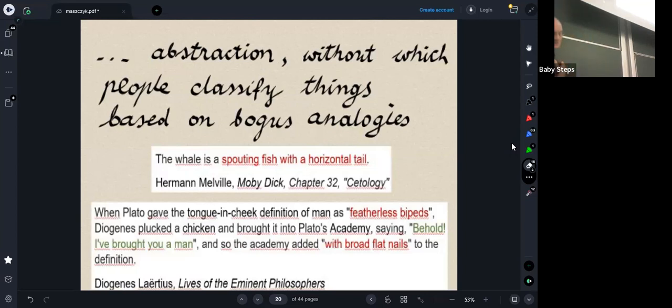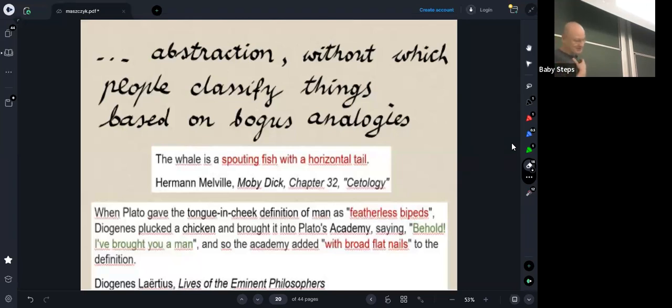bogus analogy. So the first example comes from Herman Melville, from the book Moby Dick, where a definition of a whale is given. To him, the whale is a spouting fish with a horizontal tail. Another anecdotal bogus analogy or definition comes from the Lives of the Eminent Philosophers by Diogenes Laertius.